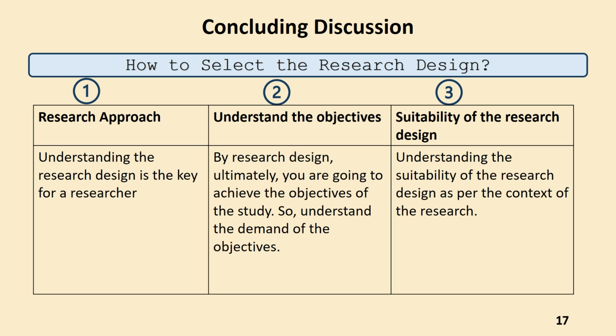So understand the demand of the objective, because it actually supports you in selecting the design. Last is understanding the suitability of a research design as per the context of the research. So these are the 3 important things that we can take from today's discussion. Take care of these things, and I believe that on the basis of these you will be able to select the appropriate research design on the basis of your research requirement.